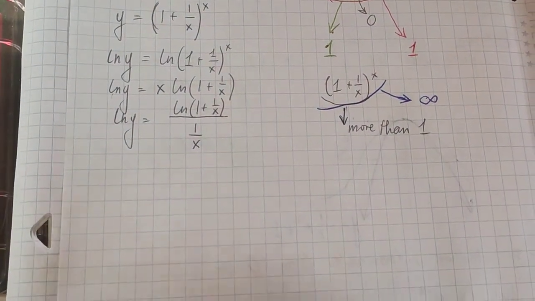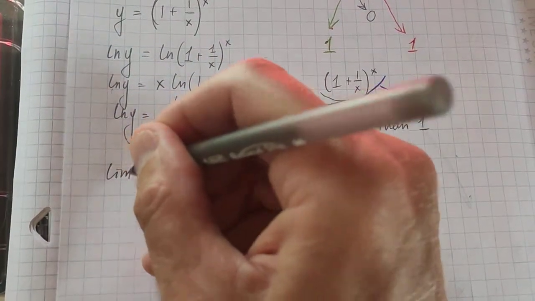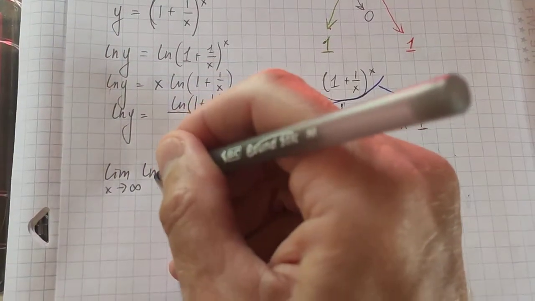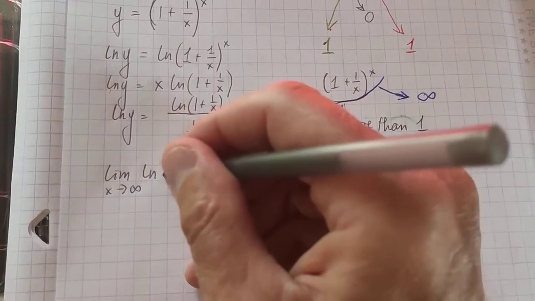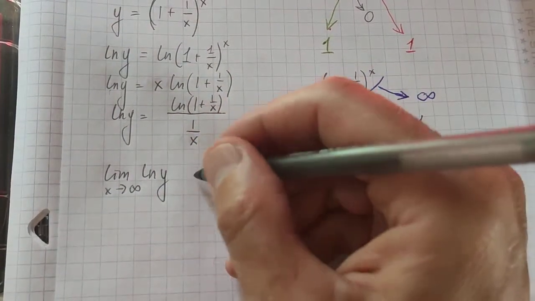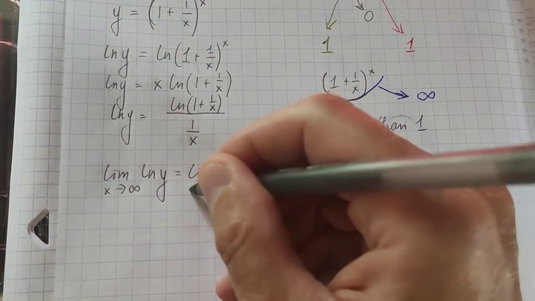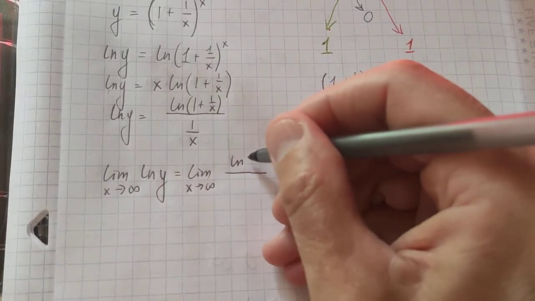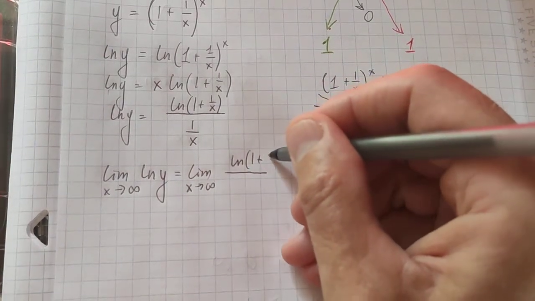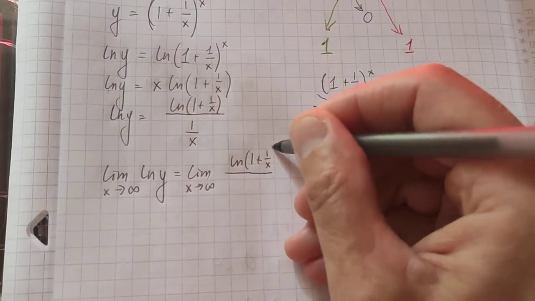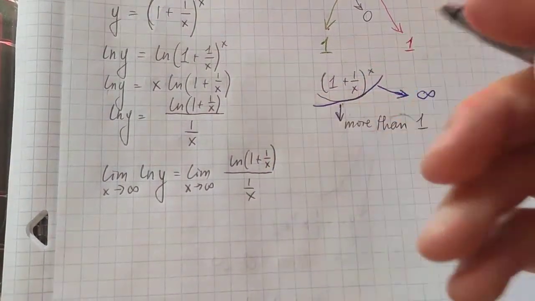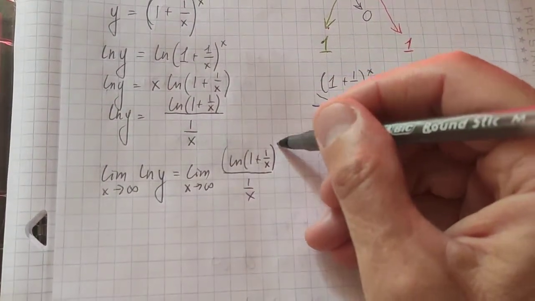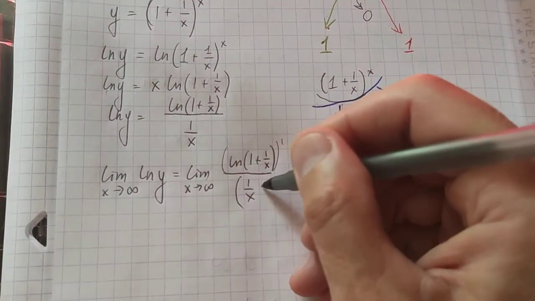Okay, so let me rewrite it. So I have that limit where x is going to infinity, and I'm basically taking a limit of both sides. So now here I have limit x to infinity of ln of 1 plus 1 over x over 1 over x. Now I'm taking the derivative of both numerator and denominator.